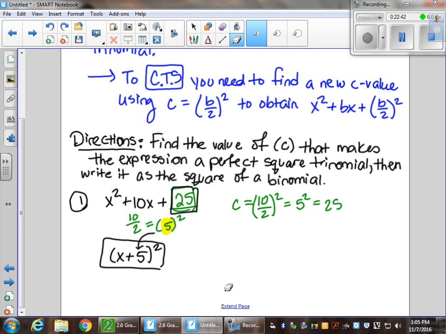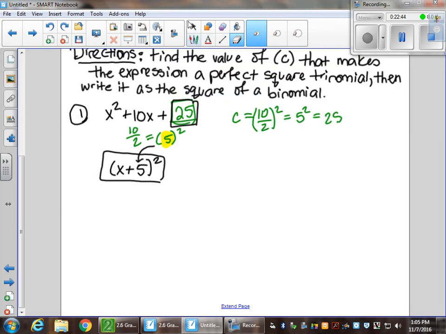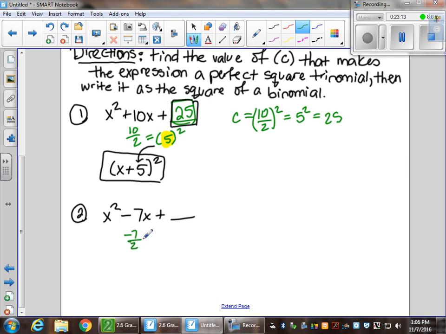Let's try another one. Number 2. X squared minus 7x plus c. But as soon as I see that unknown, I'm going to erase the c, and I'm actually going to put a blank. We're trying to find this value. The process does not change. We're going to take our b value, negative 7, divide by 2, equals 3.5.